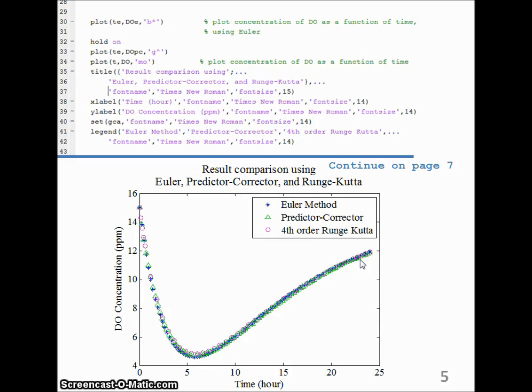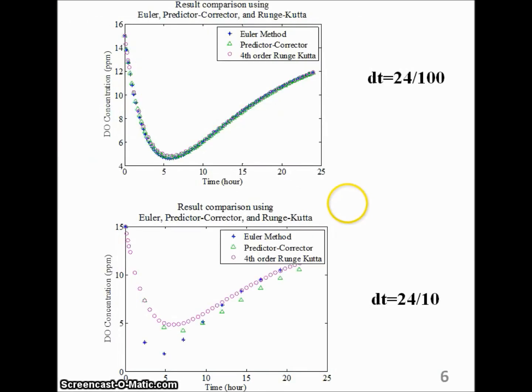We also want to consider what's going to happen if we do not use a small enough delta t. In this example, we use dt equals 24 over 100, and in this slide we are showing the comparison with dt of 24 over 100.